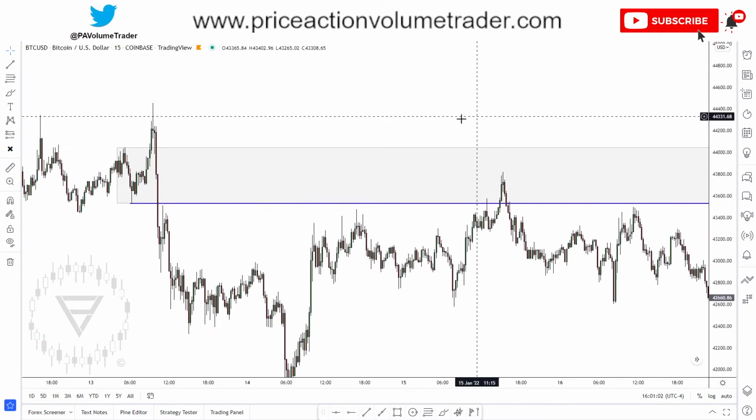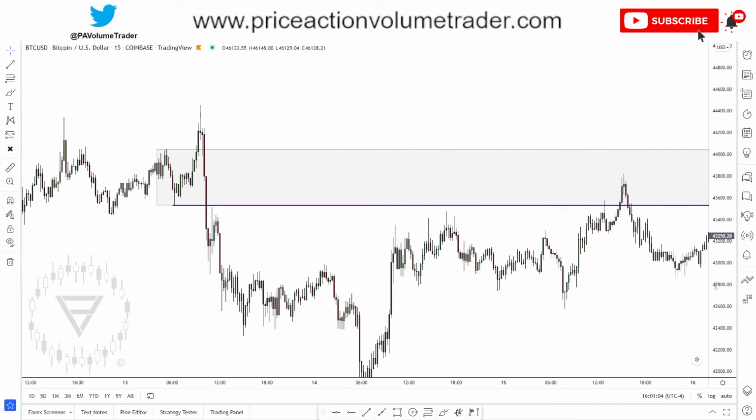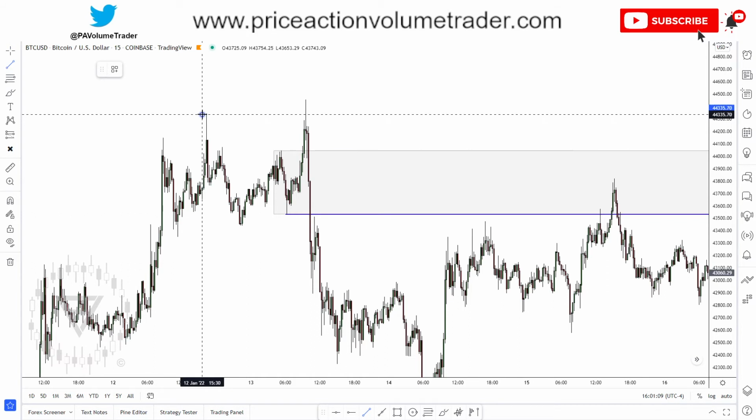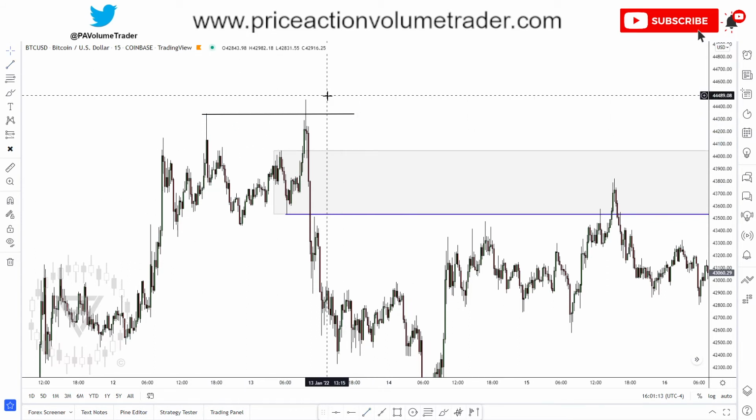Okay, so you can see here within the 15-minute time frame, we have the sweep of the level here.